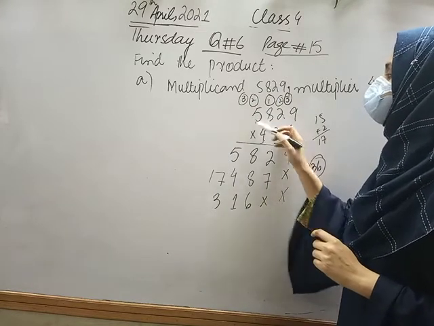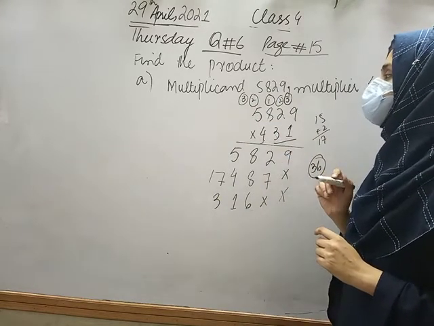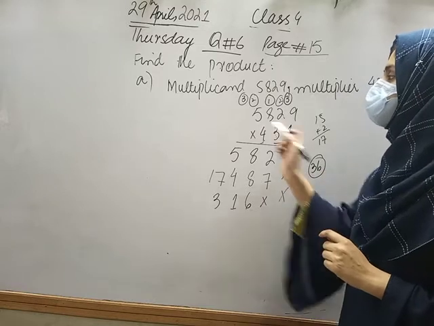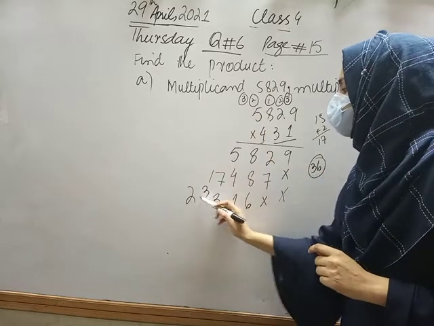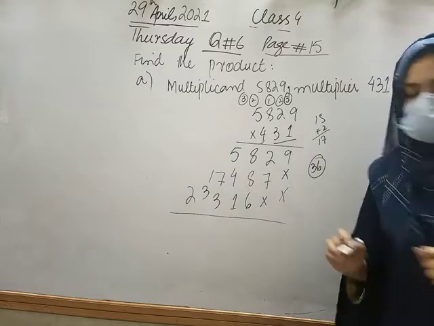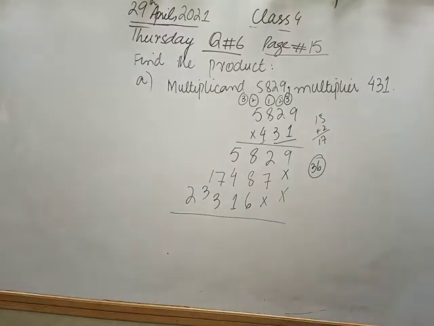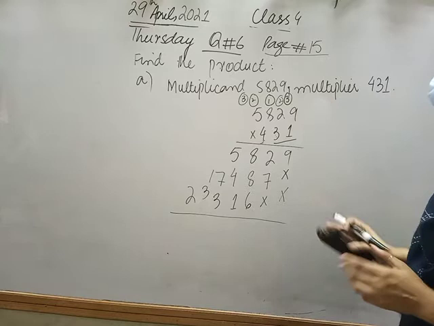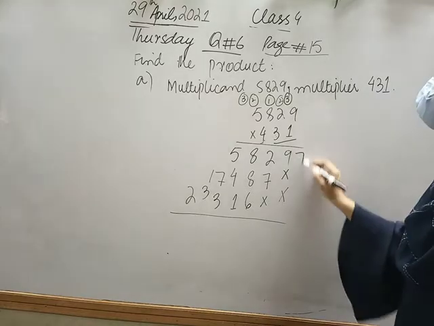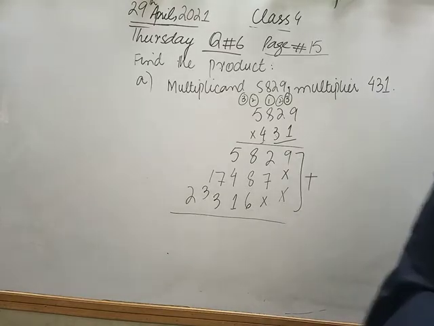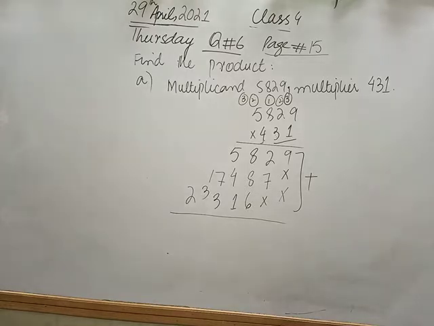Now 4 5's are 20, and adding 3 to 20, we get 23 in the end. Fine class. So this is how we can solve multiplication of a 4-digit number by a 3-digit number. In the end what would we do?